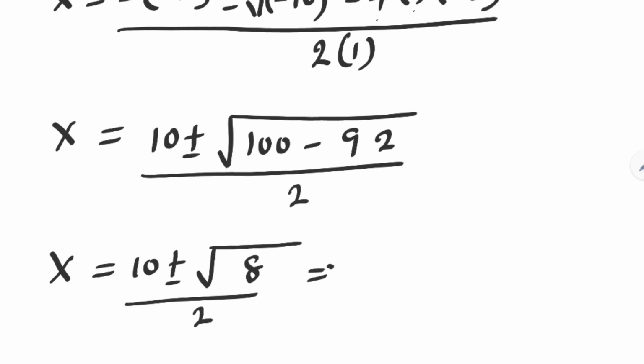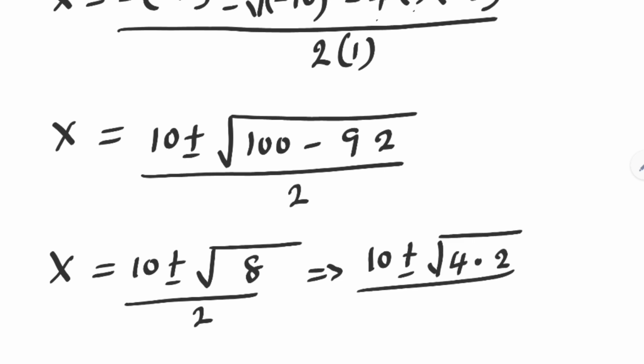And this can be written as 10 plus or minus square root of 8, which is 4 multiplied by 2, divided by 2.